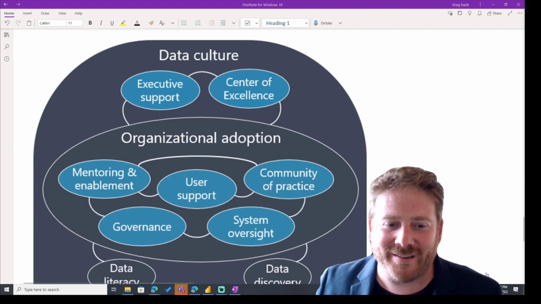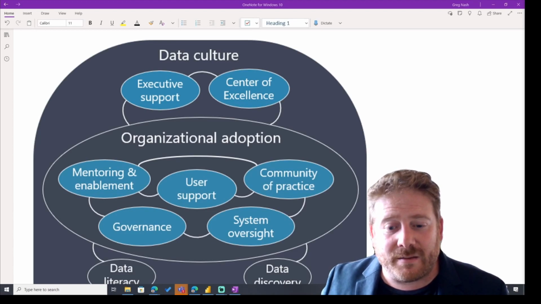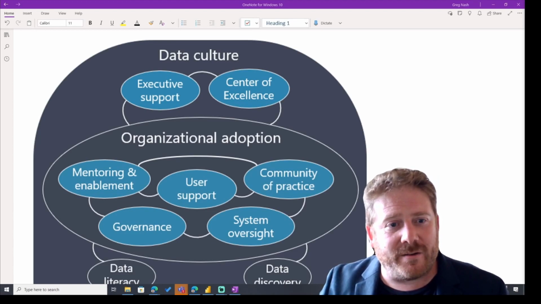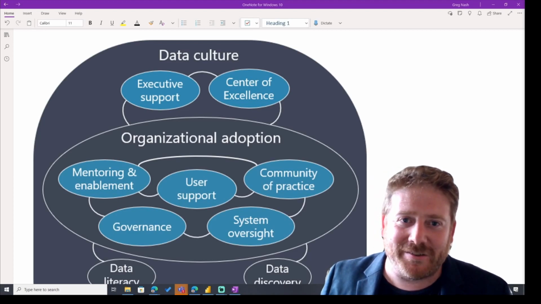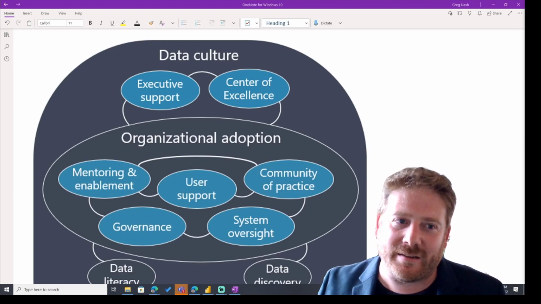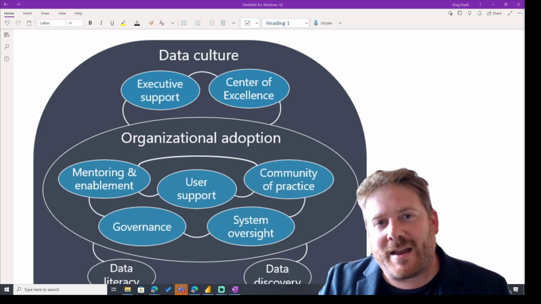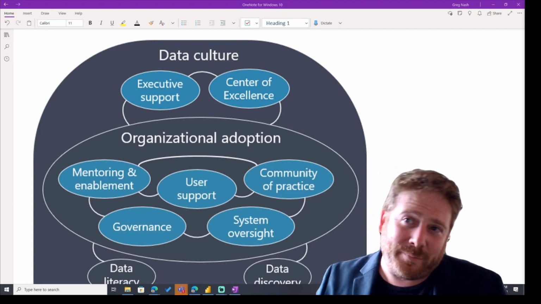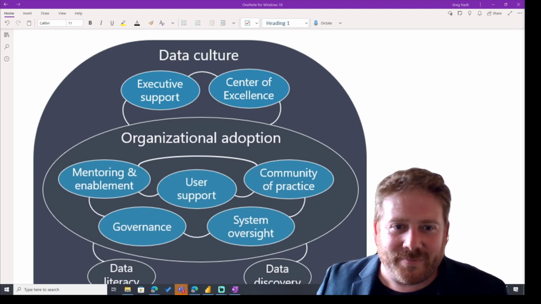But you'll find that when you get a new CIO in, for example, they bring their own cronies in, that's what all CIOs do. The first thing they do is look around for where they can put their mates in that they know are going to deliver for them. If that happens to be in BI and that person happens to have used, insert the name of your favorite BI tool here that isn't Power BI, guess what the first project's going to be?